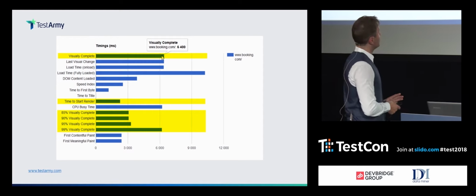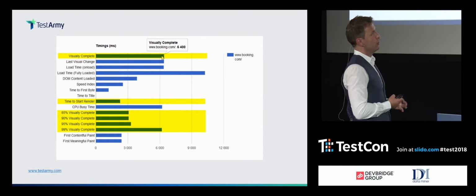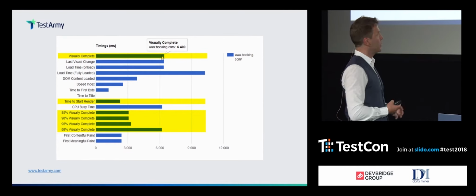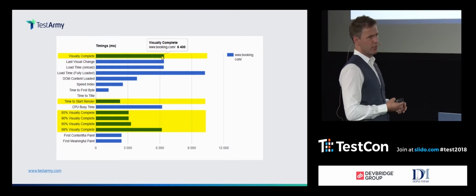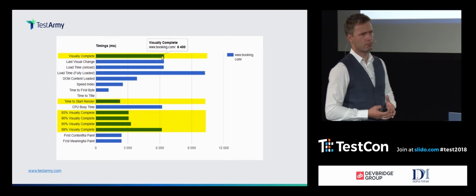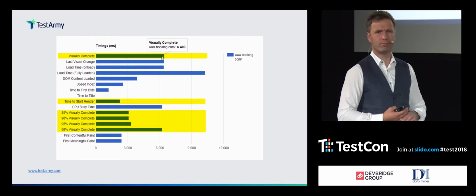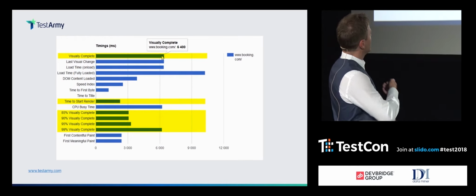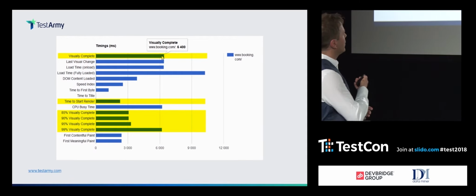Okay, so we know that we have new metrics and we can use them, but is it still sufficient for us? What do you think? Well, first of all, which metric should we report?